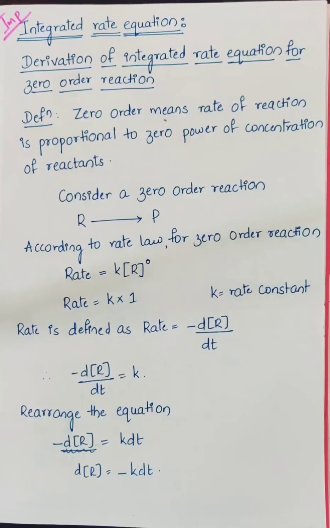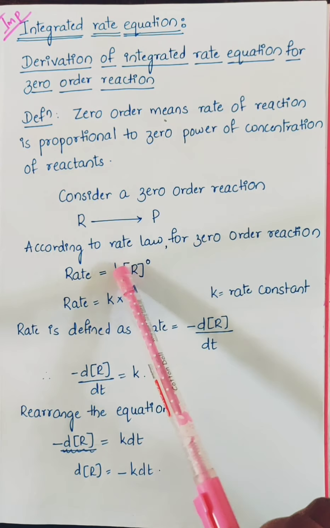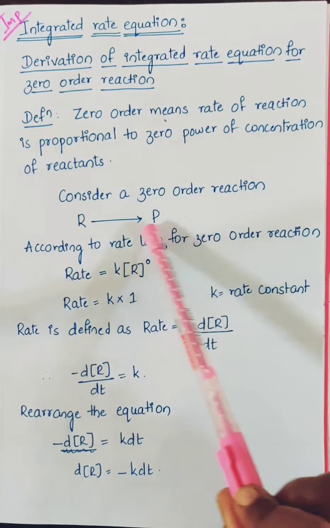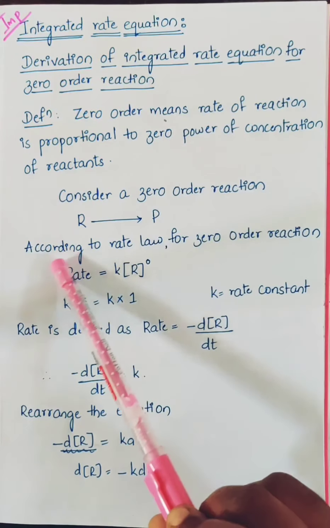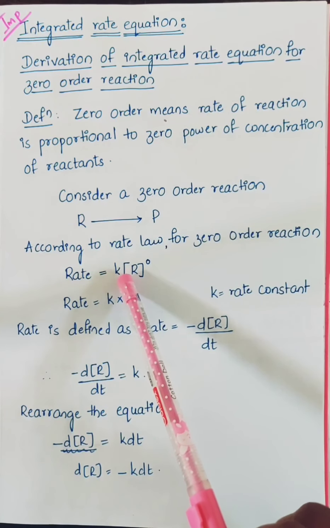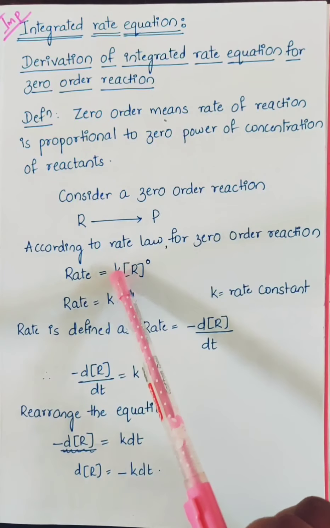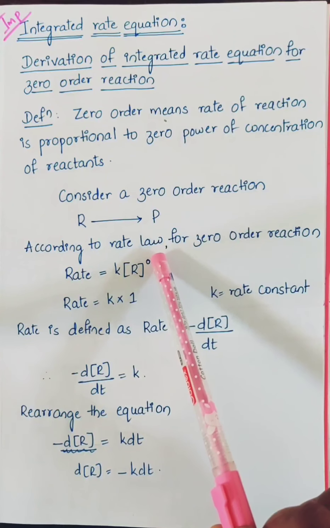According to the rate law, the rate will be equal to the rate constant into the concentration of the reactant raised to the power 0. For a zero order reaction, rate is equal to the rate constant K times the concentration of the reactant raised to 0.